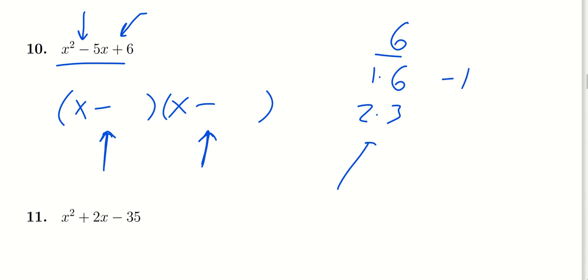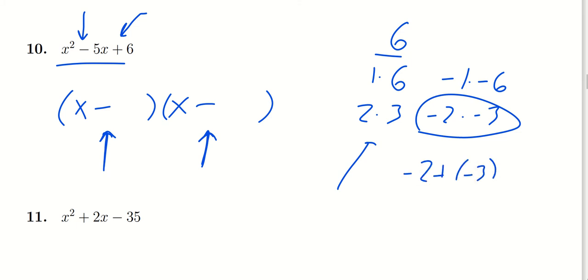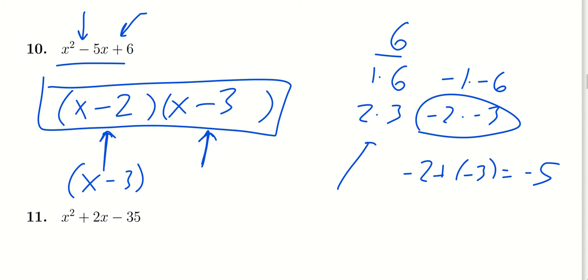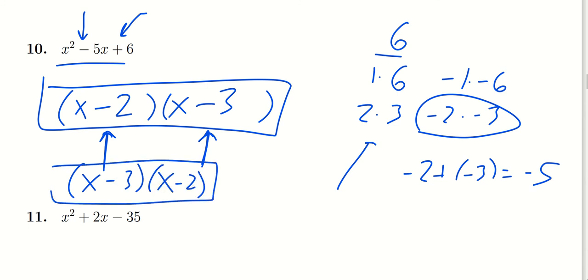You can also think of an alternative list here where you have like a negative 2 and a negative 3, and the combination that's going to add to make a negative 5 would be negative 2 plus negative 3 would add and combine to get the middle term of negative 5. So it has to be an x minus 2 and an x minus 3. Okay. Or again, if you had it switched, it's the same thing. You could even do x minus 3 times x minus 2, and it's the same answer.